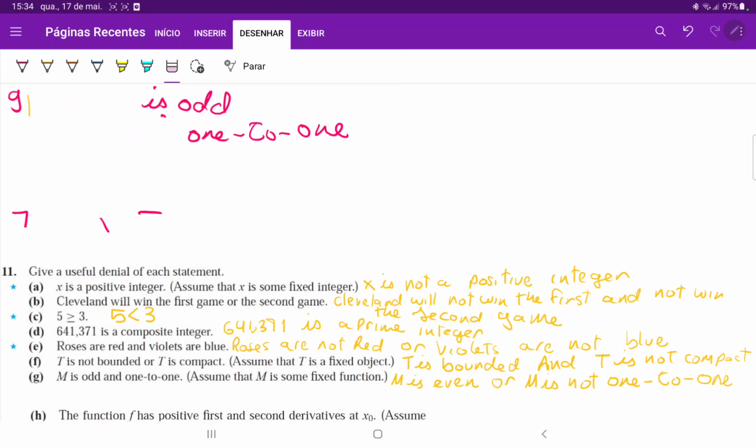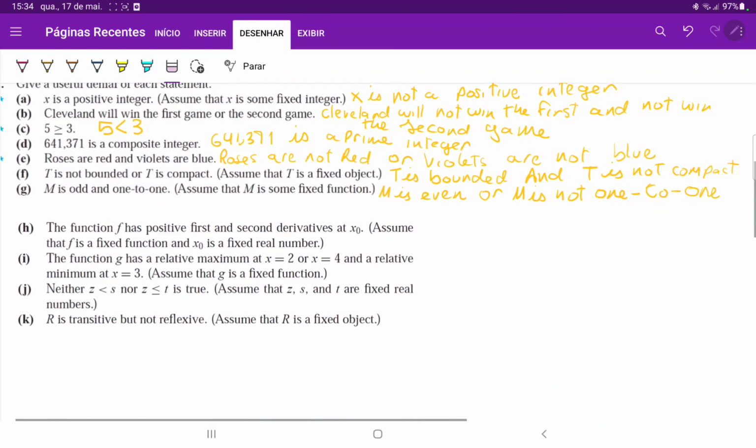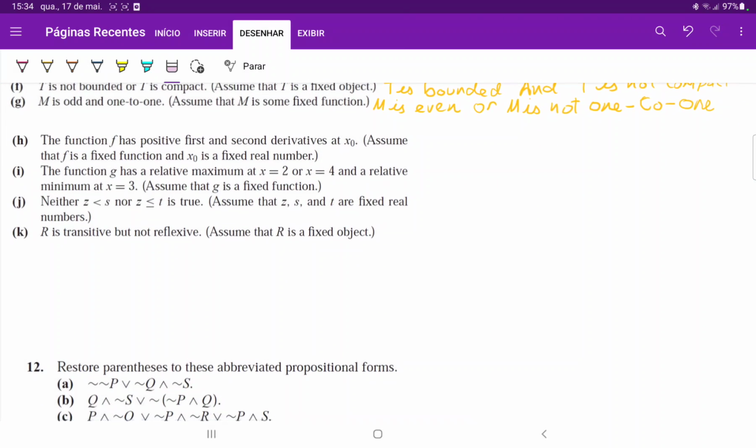Now let's do the second part of this problem. So let's just scroll up. For item H, we have the function has a positive first and second derivative at x naught.